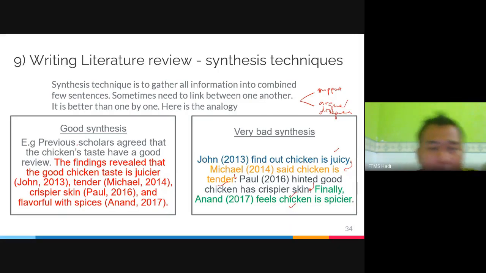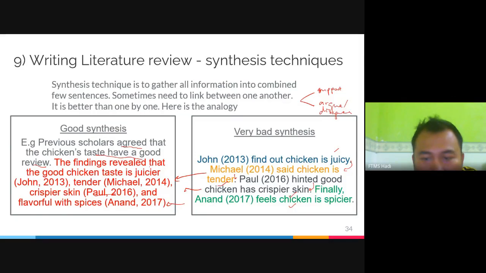That's it. Now you see this one, very good synthesis. Previous scholars agreed that chicken taste has a good review. The findings reveal that good chicken taste is juicier by John 2013, tender, Michael 2014, crispier skin, Paul 2016, and flavorful with spices, Anand 2017.